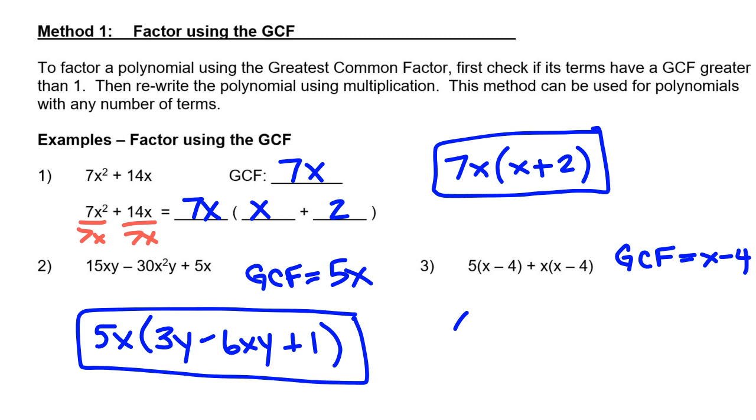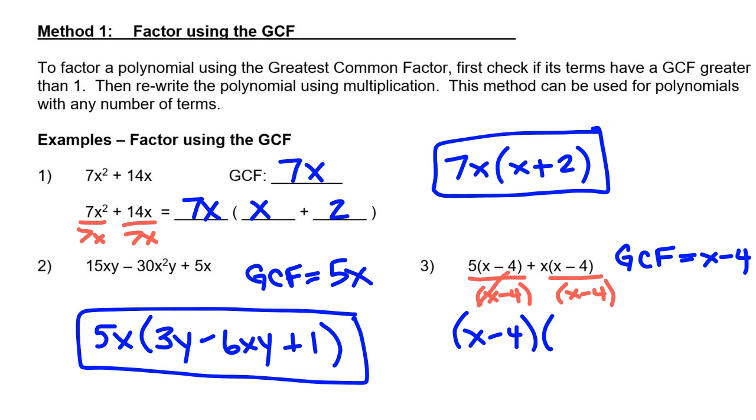So as always, we're going to write the GCF out front and then open up a set of parentheses to include whatever we have left after dividing. Now, if we divide each of these by x minus 4, notice that we can still cancel these out and have something left over.